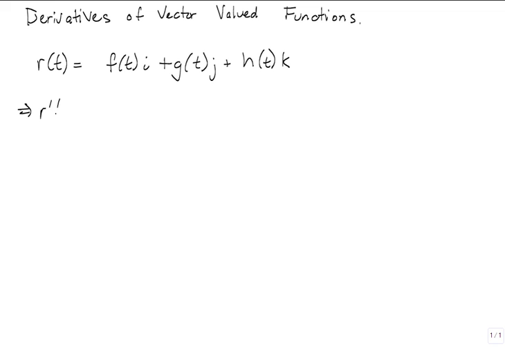Then r prime of t is the limit as delta t goes to 0 of 1 over delta t times r of t plus delta t minus r of t.